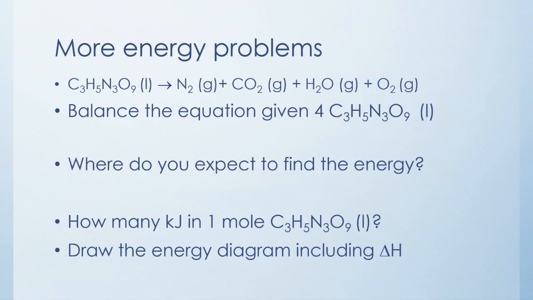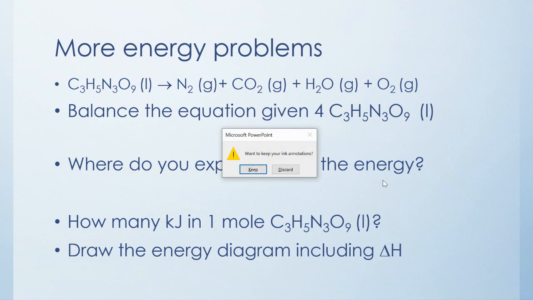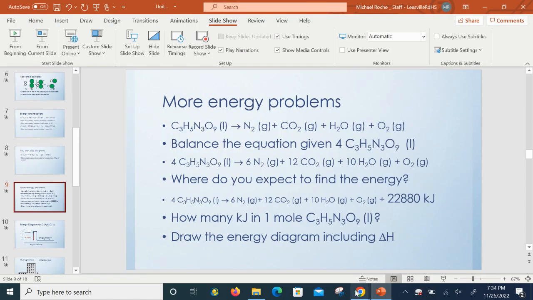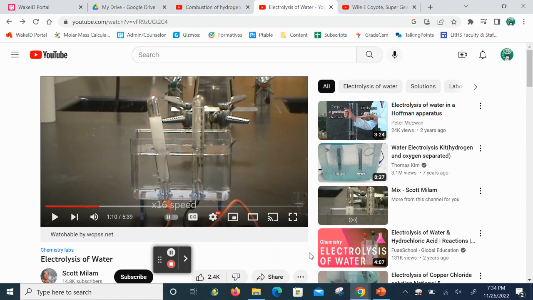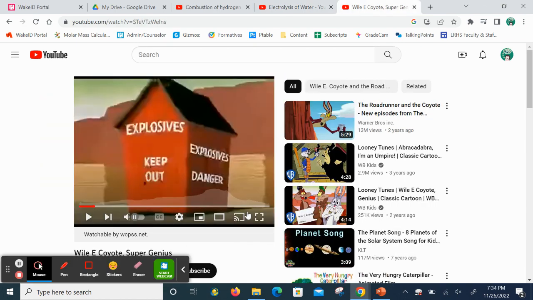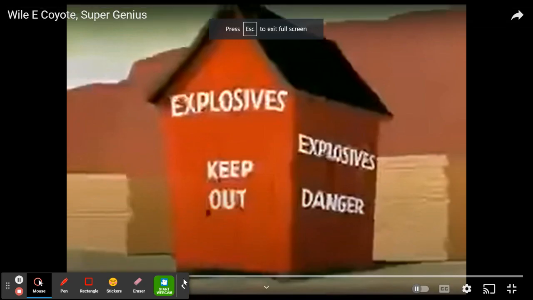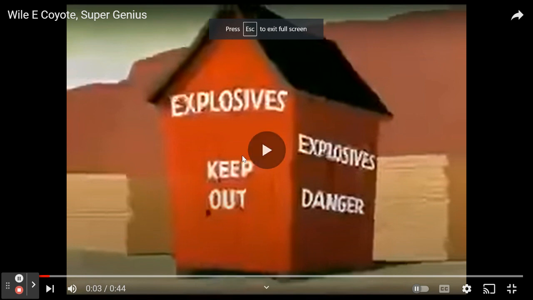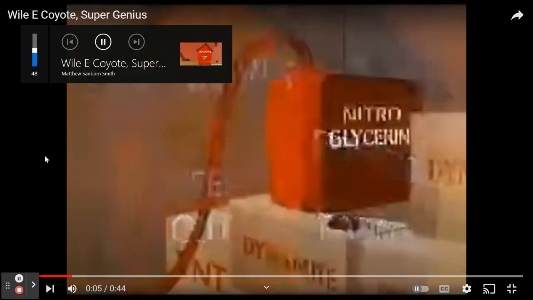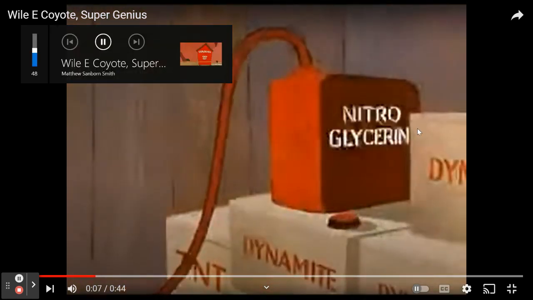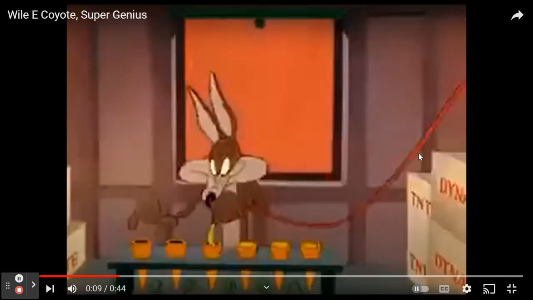So here, nitroglycerin. If you're my age, you saw all sorts of Looney Tune cartoons, which had nitroglycerin all sorts of fun and games with Bugs Bunny and Wile E. Coyote.